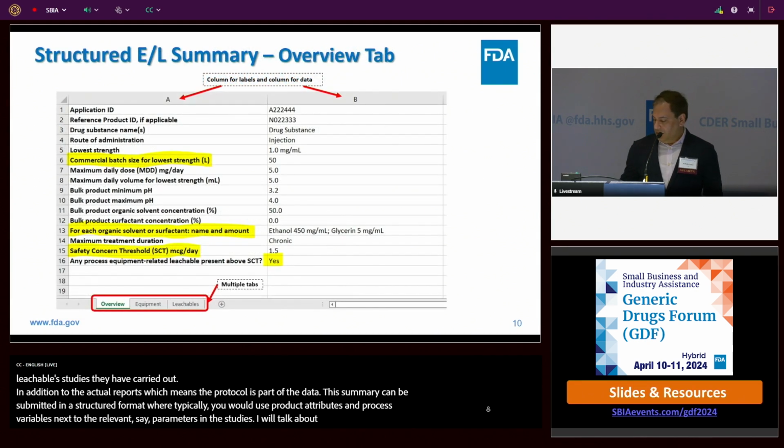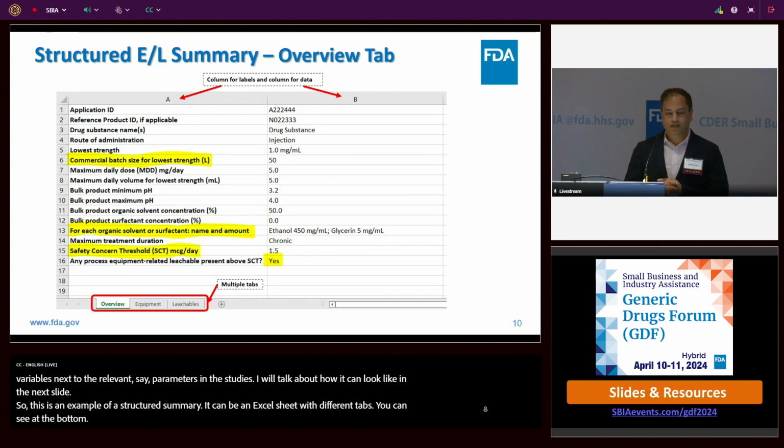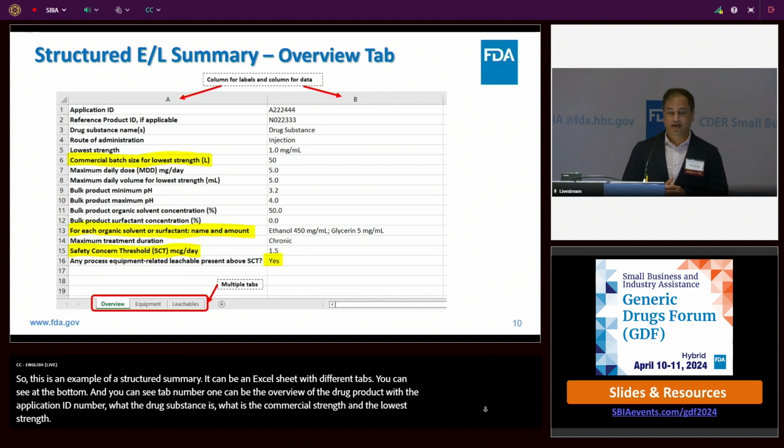So this is an example of a structured summary. It can be an Excel sheet with different tabs, if you can see at the bottom. The tab number 1 could be the overview of the drug product with application ID number, what the drug substance is, what's the commercial strength, or the lowest strength for the commercial batch size, maximum daily dose, what's the pH, because all of these are very relevant to the actual studies.